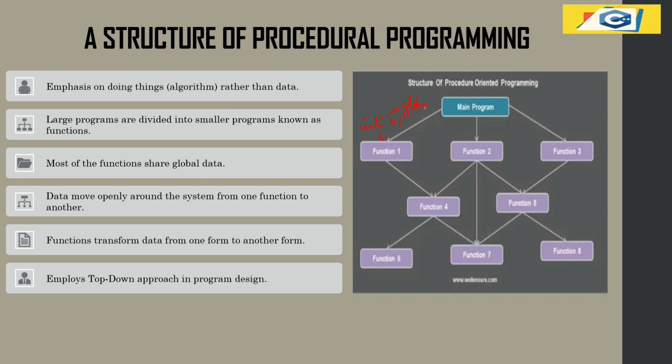The same variable we can use in function 2, function 3, function 4, 5, 6, 7, 8 and so on. All the functions will share the same global data. Sharing is taking place, so that's why most of the functions share global data in POP.